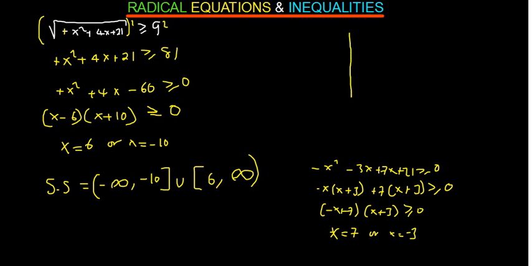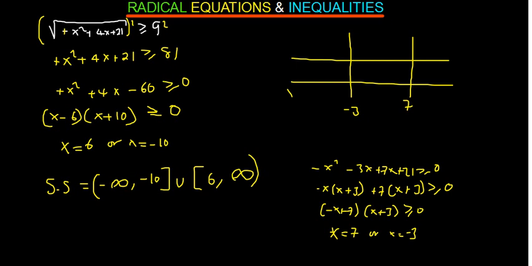The values that we found, we have got negative 3 and positive 7. The factors that we equated to 0 for us to be able to find those, we have got negative x plus 7, then we have got x plus 3. And they are multiplying, as we're able to see, so we're going to find their product.